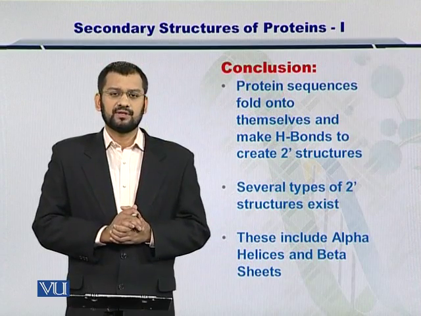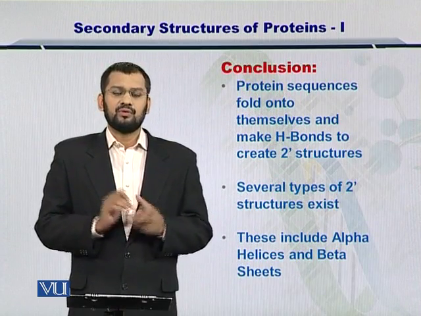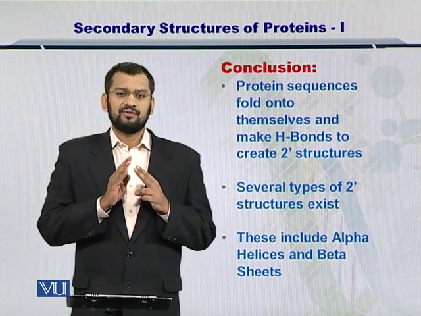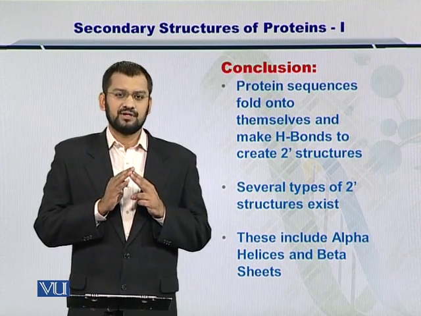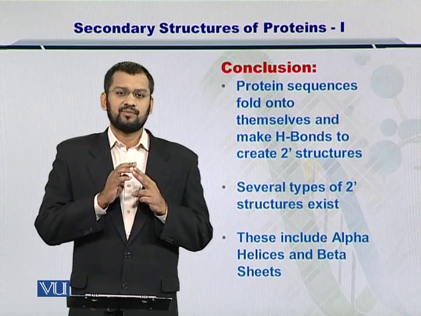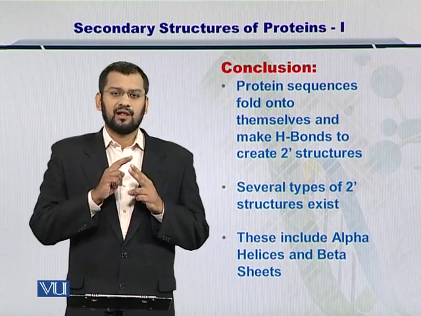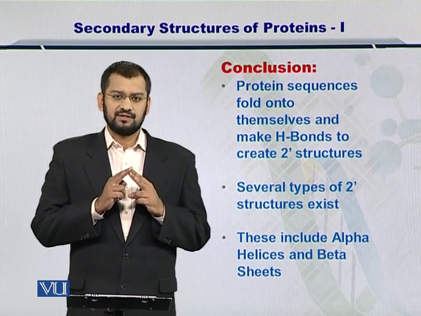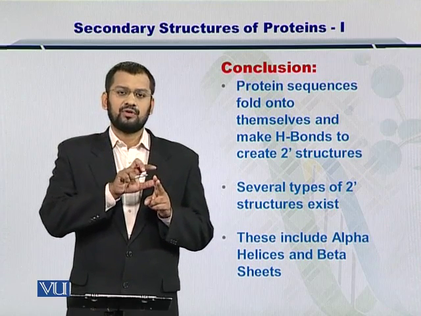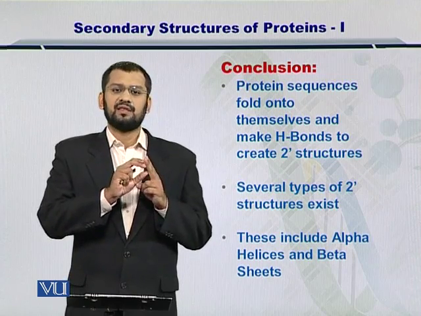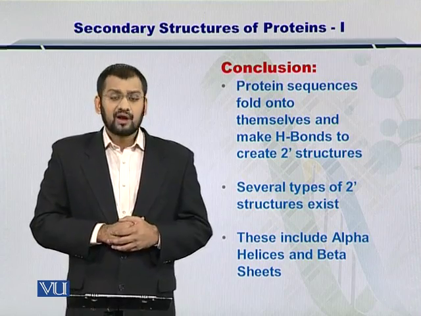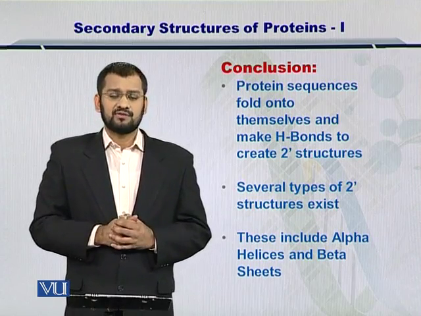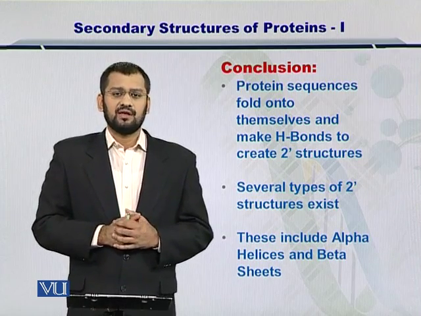So in conclusion, now we know two forms of secondary structures that make protein tertiary structures. The 2' structures are the alpha helices and beta sheets. They come about from the primary structure and they give rise to tertiary structures. There are several other types of these structures as well that we will study in later modules.